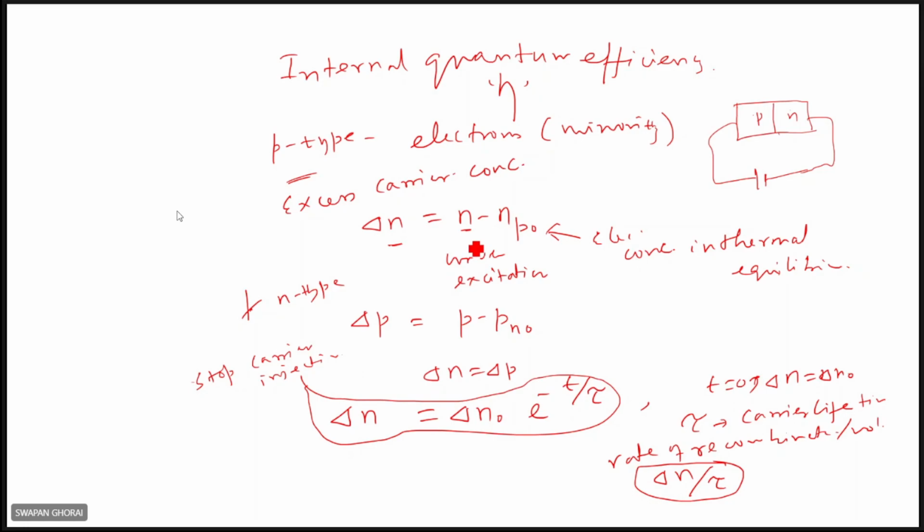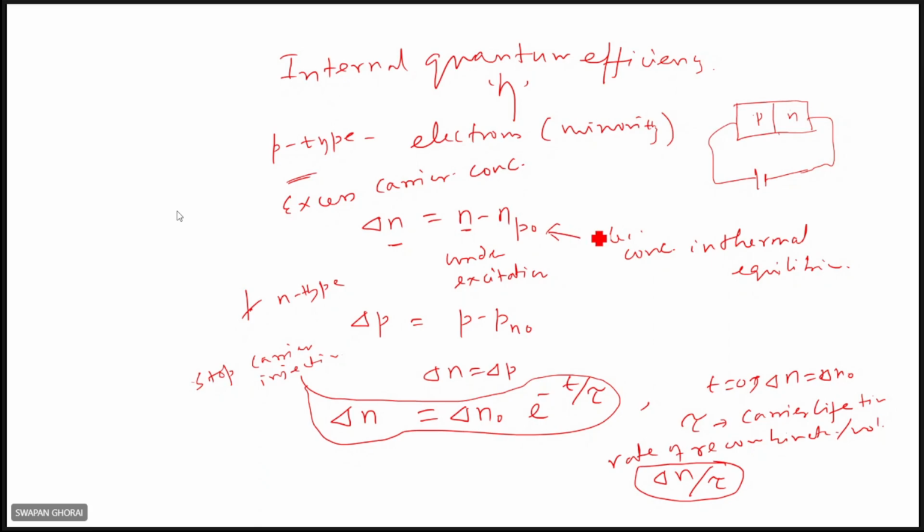What is n? n is the concentration under excitation. Initially, when there is no injection of current, some carriers will still be there, because of thermally generated carriers.